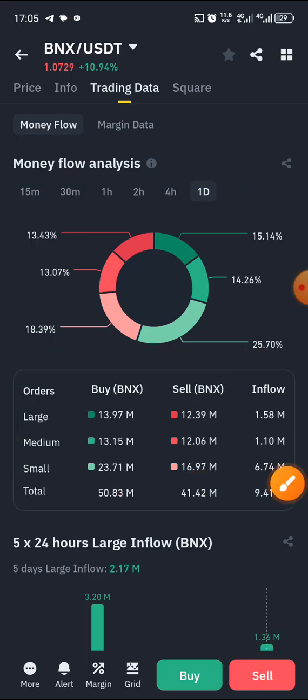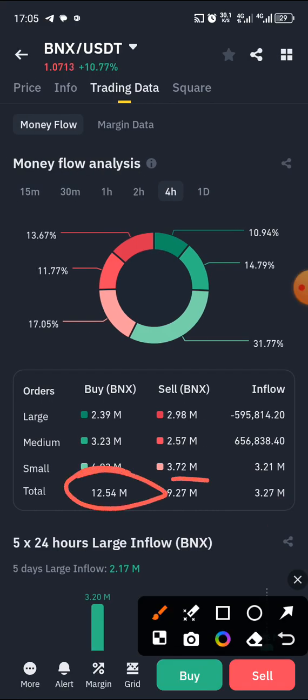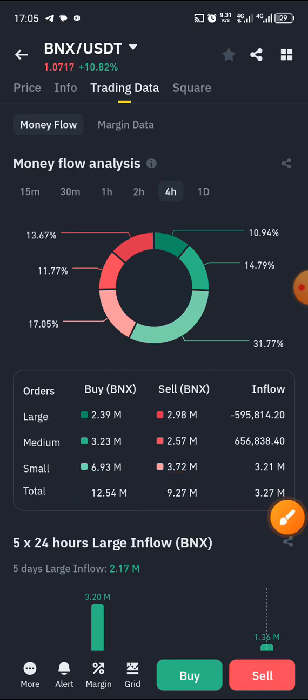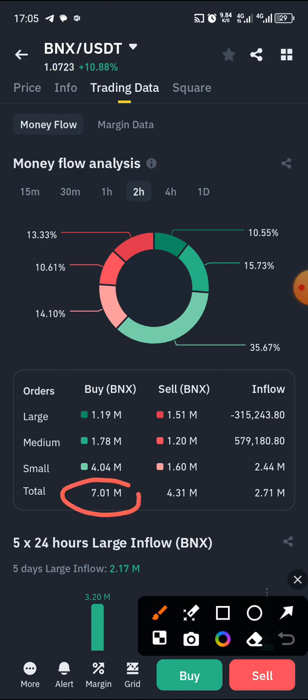And when you come to 4-hour time frame, what does it show? Of course, you will see that the buyers are more than the sellers of this value. This is the inflow. Still, when you go to 2 hours, the buyers are more than the sellers of this rate here.